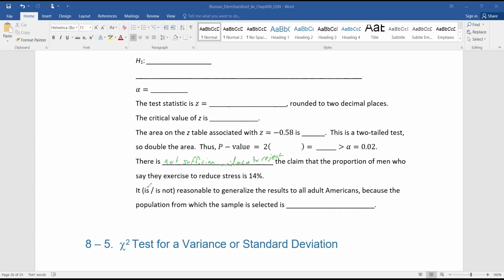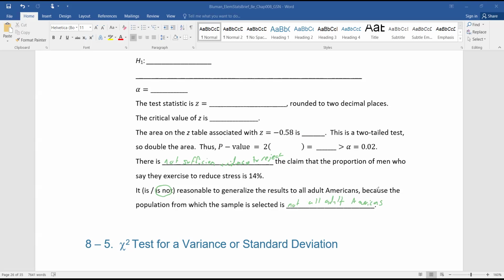So again, it is not reasonable to generalize the results to all adult Americans, because the population from which the sample was selected is not all adult Americans. It was just males. And I caught that at the very beginning there. It's like, oh, this might work for males, but not all adults.